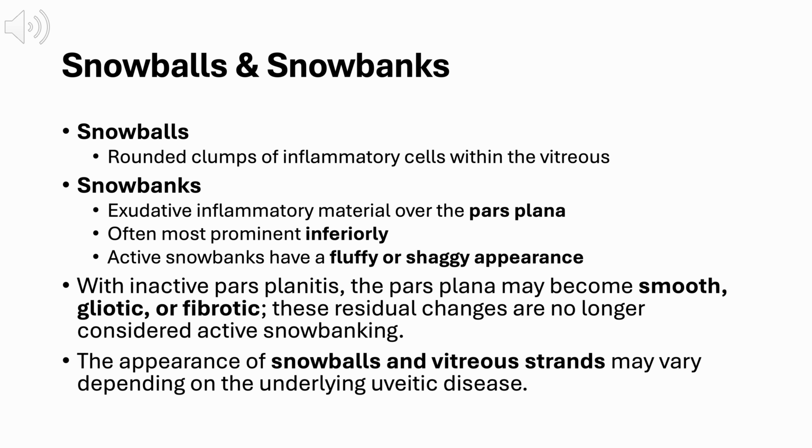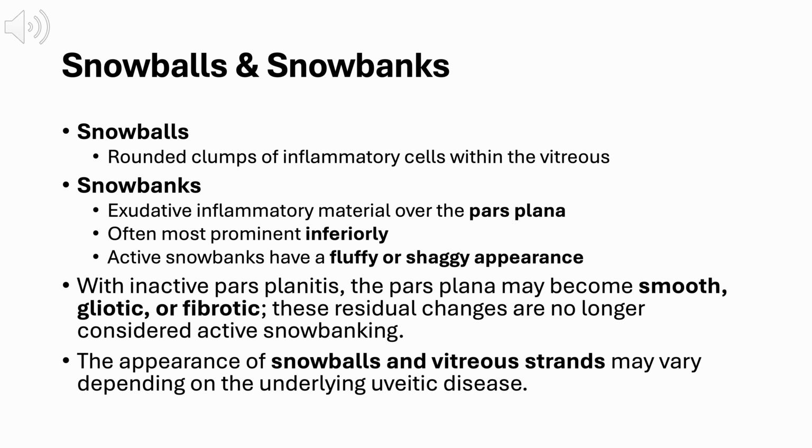Let's define two classic intermediate uveitis findings precisely. Snowballs are rounded clumps of inflammatory cells floating within the vitreous. Snowbanks are exudative inflammatory material draped over the pars plana, usually most prominent inferiorly. Activity changes their look.